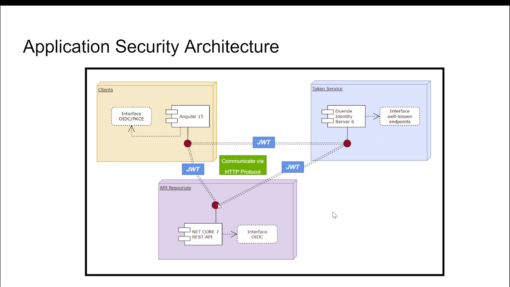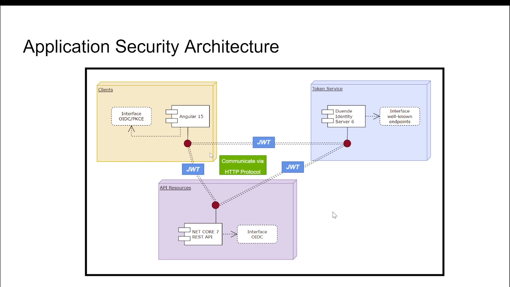So the API, what we call the API resource, is where the REST API is located. When the JWT passed through the header is received by the web API, it can do a back-channel call to reach out to the token service and say, hey, can you help verify and make sure that JWT is valid.